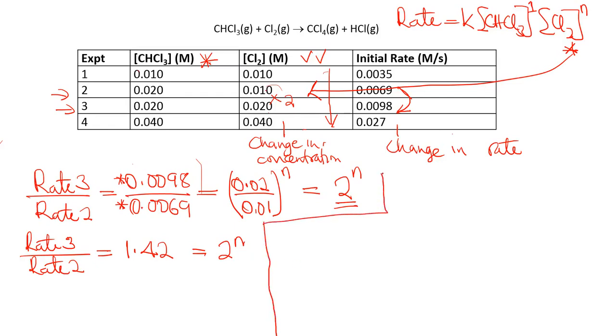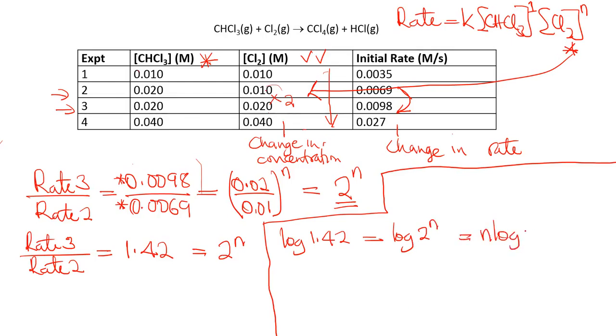How do we go about that? To solve this problem, we have to take logarithms of both sides. So we say log 1.42 is equal to log 2^N. But log 2^N is the same as N log 2, because this one can transfer to this position.